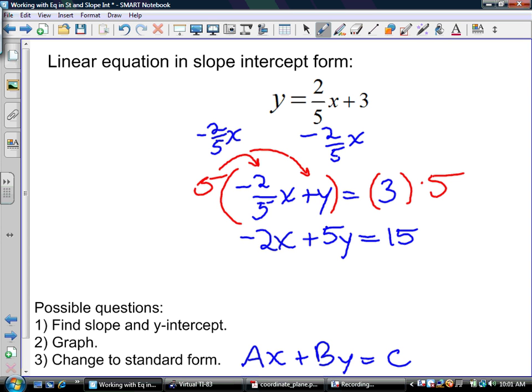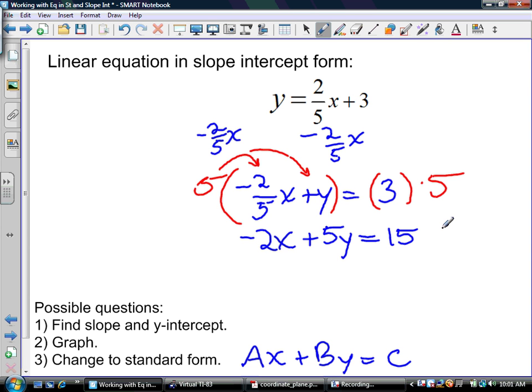Now, remember what we did in the beginning of this video. We found the y-intercept, and noticed that the y-intercept is going to be 3. If you remember from the last video, if we have an equation in standard form, finding intercepts is fairly simple.